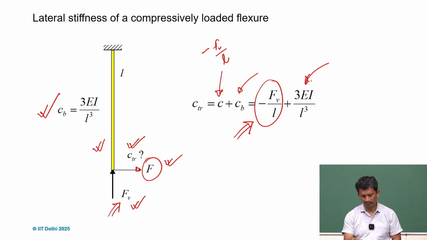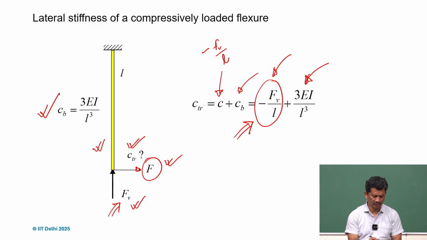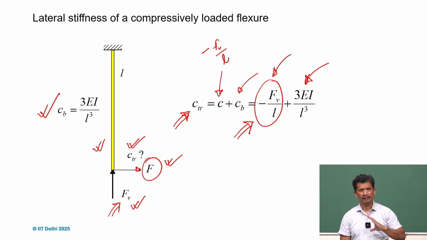There is a positive stiffness because of the bending, and there is negative stiffness because of the nature of the force, because of the preloading in the negative direction. If we preload, we'll get negative stiffness, and because of the bending, we will get positive stiffness, and if we fine tune, we can get a near zero stiffness. So this CTR, which is the total stiffness of this member, is a function of FB as well.